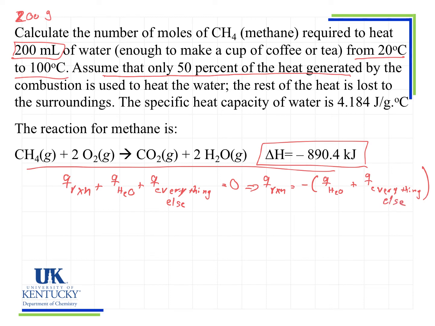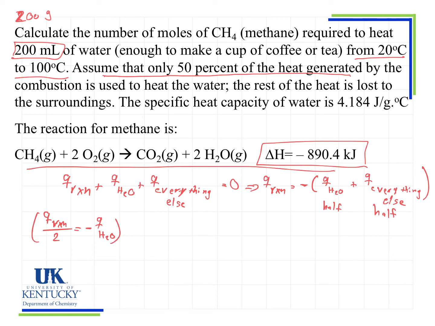So the sum of these two with a negative sign should be equal to the Q of the reaction, but half of the Q of the reaction goes to the water and half of the Q of the reaction goes to everything else, okay? So half of Q of the reaction equal the negative sign of Q of H2O, right? I can say that because the question says 50% of it.